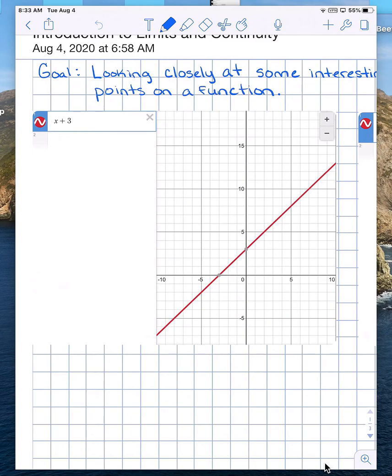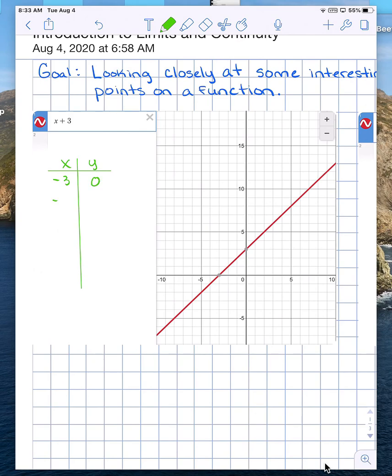And we know that with a linear function, no matter what we do, if we make a table of values here, anything we put in for x will give us an output for y. Anything, doesn't matter. If we put a -3 in, the output is 0.